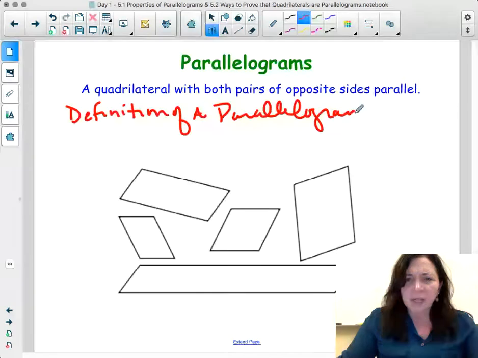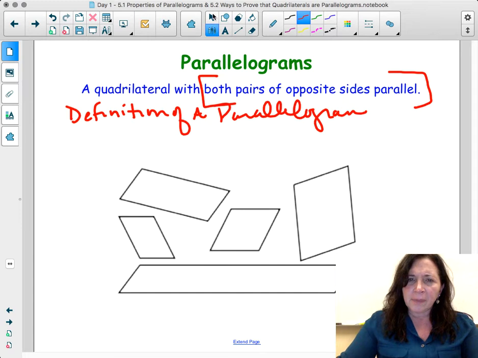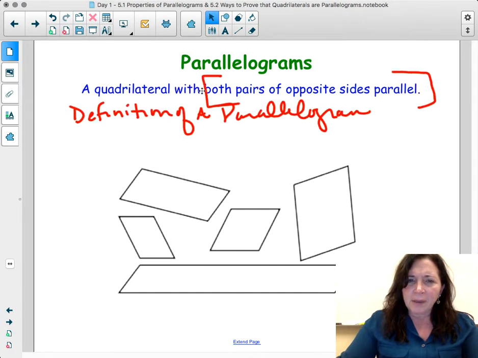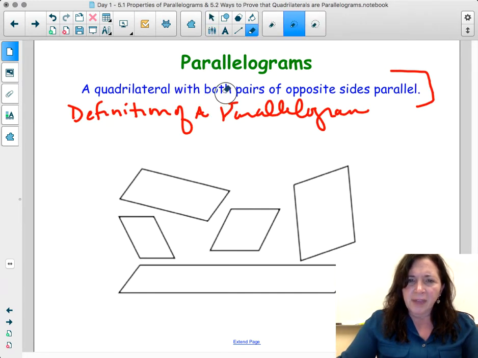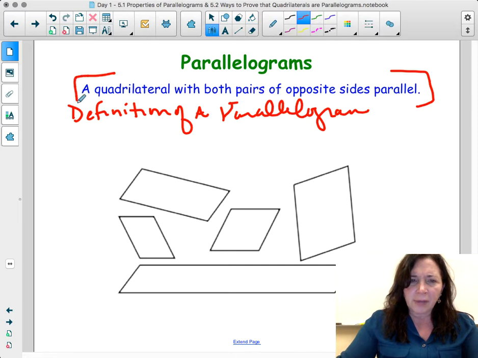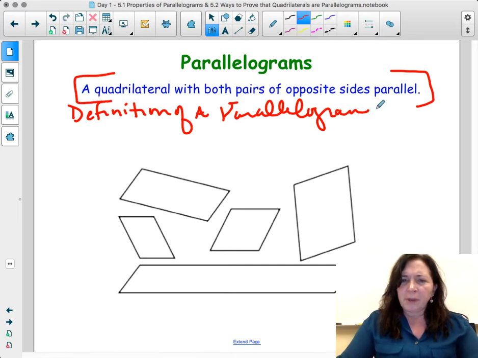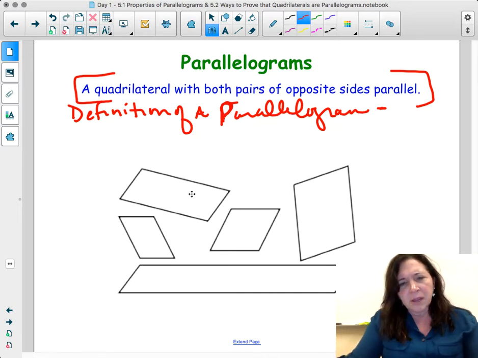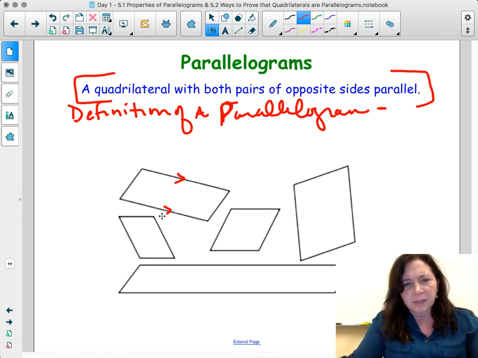And the definition, again, states that both pairs of opposite sides are parallel. For that to happen, it does have to be a quadrilateral. So the definition of a parallelogram says it's a quadrilateral with both pairs of opposite sides parallel, meaning that side would be parallel to that, and that side would be parallel to this side.